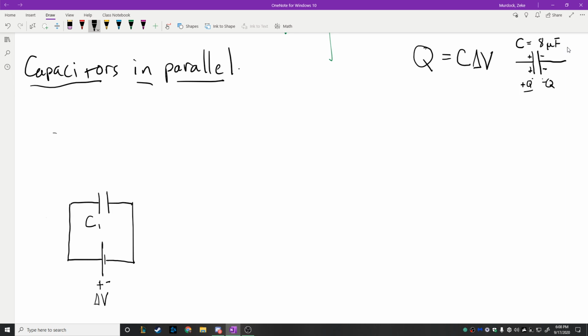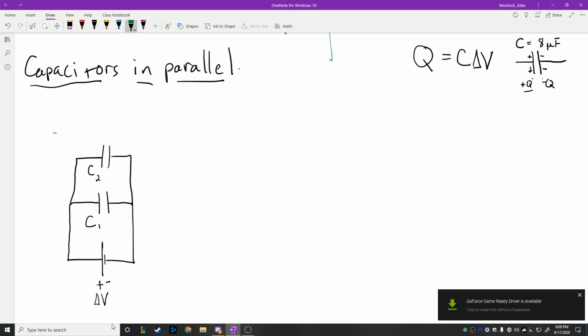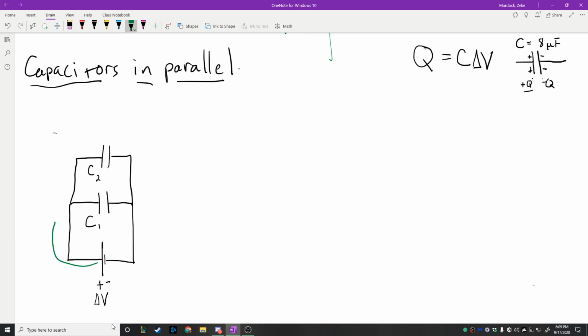Then, to connect things in parallel, you basically stack them on top of each other like this. Things are said to be in parallel in a circuit if you can draw a line that passes through the capacitor and then back to the battery in one loop, and you can do the exact same thing along a separate loop through the other capacitor.